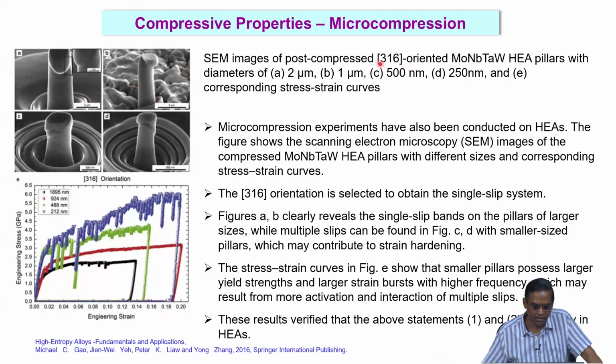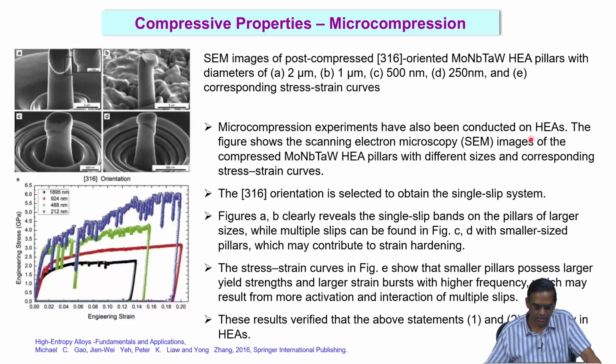So what you are seeing are the SEM images of post compressed 016 oriented molybdenum, niobium, tantalum, tungsten high entropy alloy pillars with diameters of 2 micron, 1 micron, 500 nanometers and 250 nanometers. And what you see is the corresponding stress strain curve.